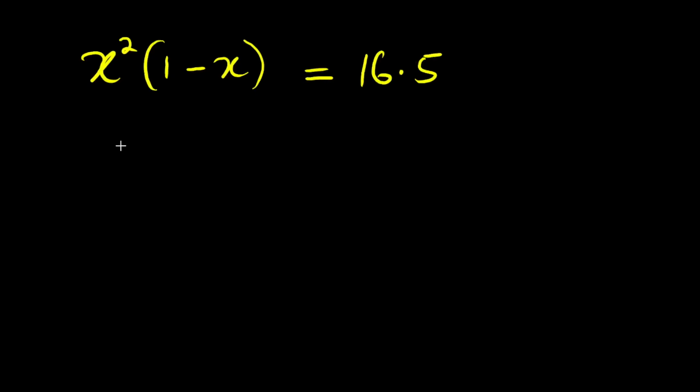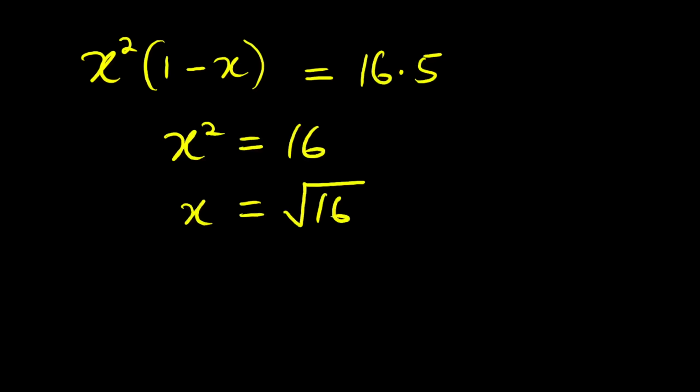So we have x squared into 1 minus x equal to 16 times 5, where by comparison we can say that x squared is equal to 16, and x is going to be the square root of 16, which we all know is plus or minus 4.